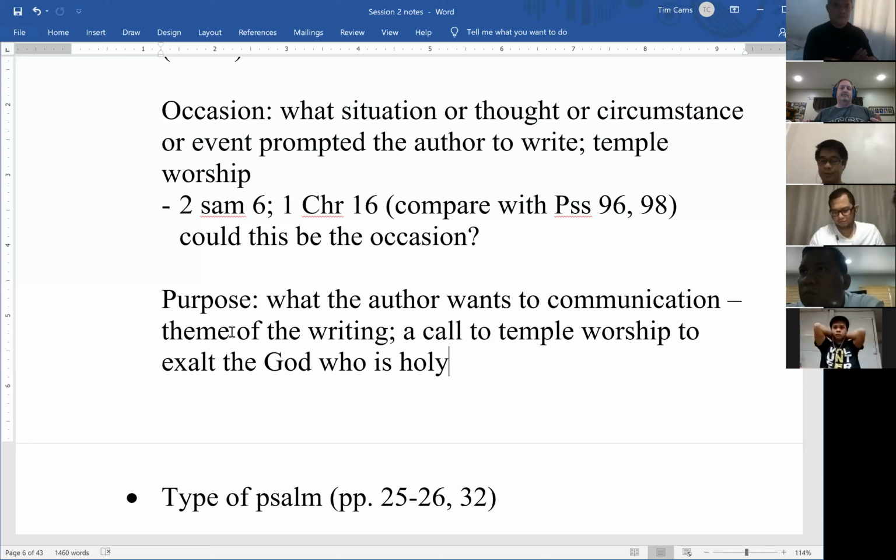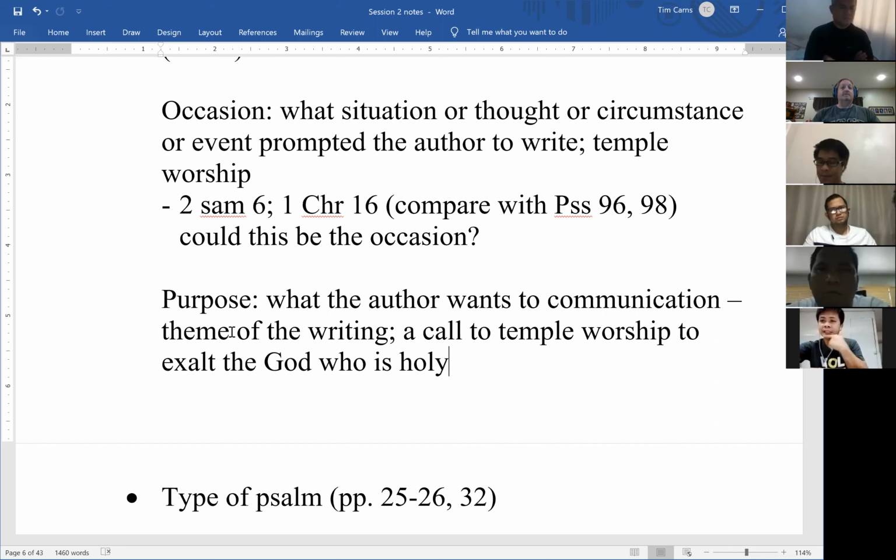So if it's a lament, his purpose is to cry out to the Lord for help or something like that. But what caused him to write it could have been that he's surrounded by his enemies, or he's hungry, or betrayal, or a confession of guilt. So that would be the occasion. But then the purpose would be, what is the message he is expressing in the lament? So I would say type of psalm would go more toward purpose. Good question.